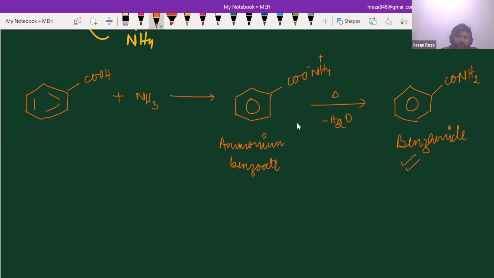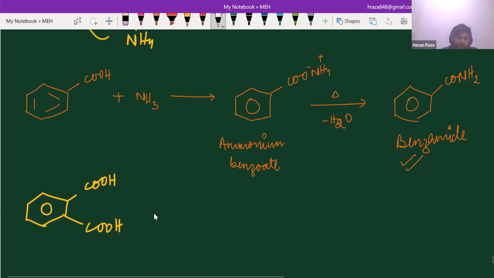Please do that. And if you have two carboxylic acid groups in benzene, like this one, C double OH and C double OH, and if you are going to react this with NH3, then both the carboxylic acids will be converted like this.